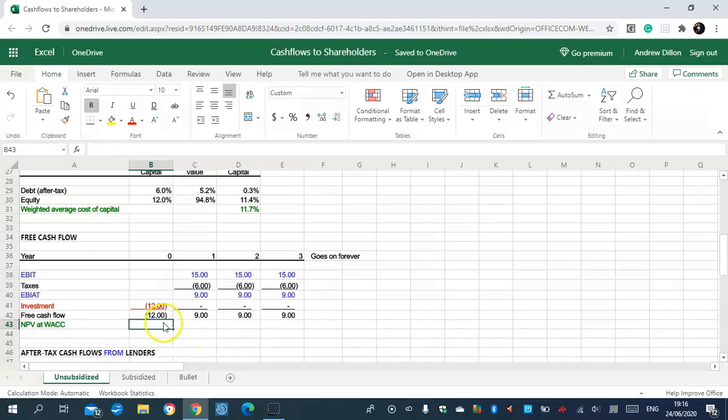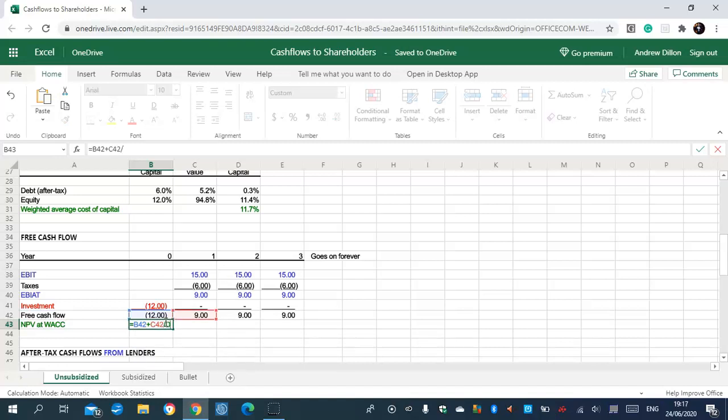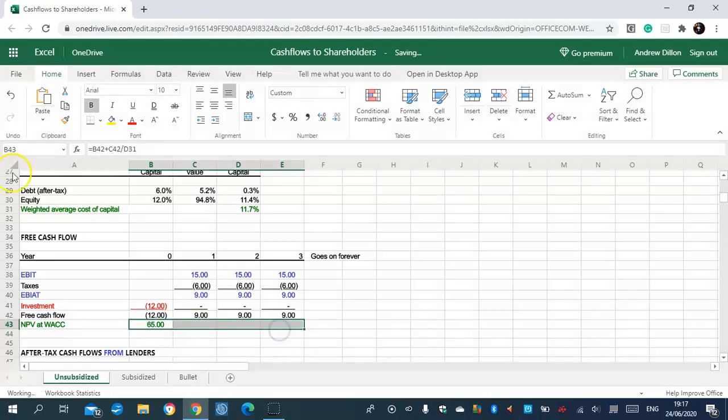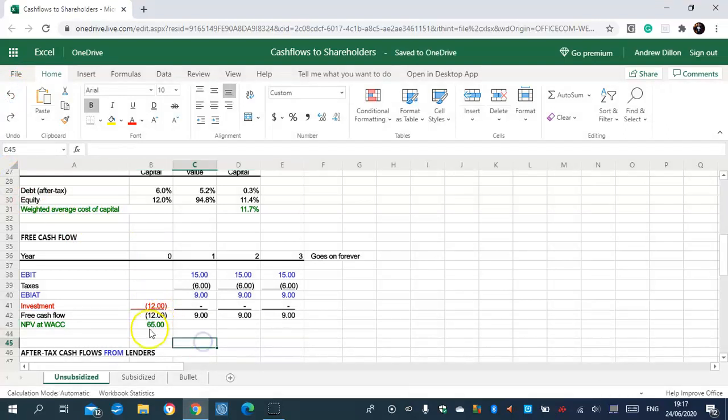Well, next step is net present value, or WACC. €64.